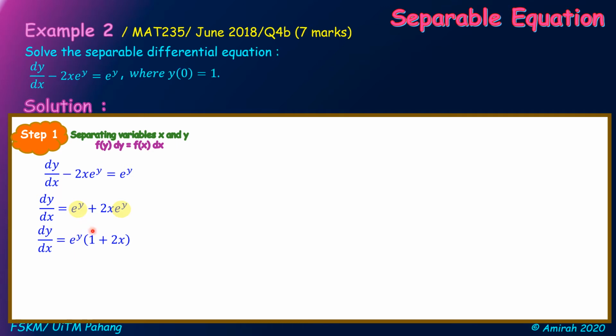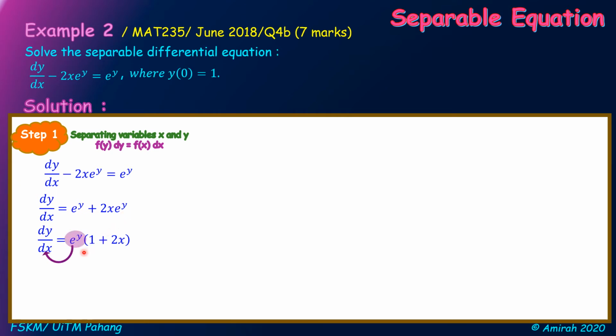In bracket, we have 1 plus 2x. To check whether we factorized correctly, we can expand. When we expand, we multiply e to the power of y by 1, so we get back e to the power of y. And then we multiply e to the power of y with 2x, so we get back 2x e to the power of y.